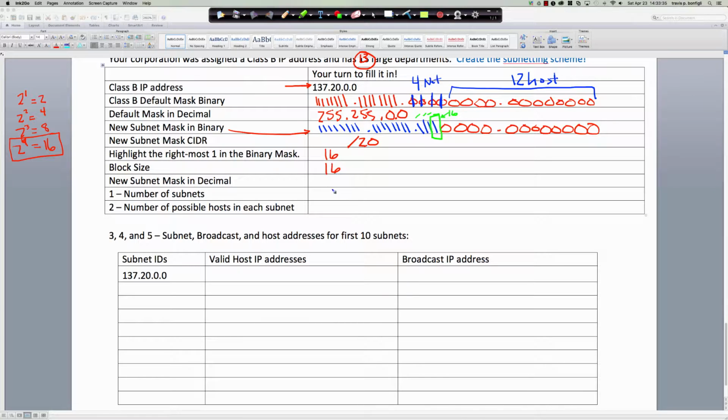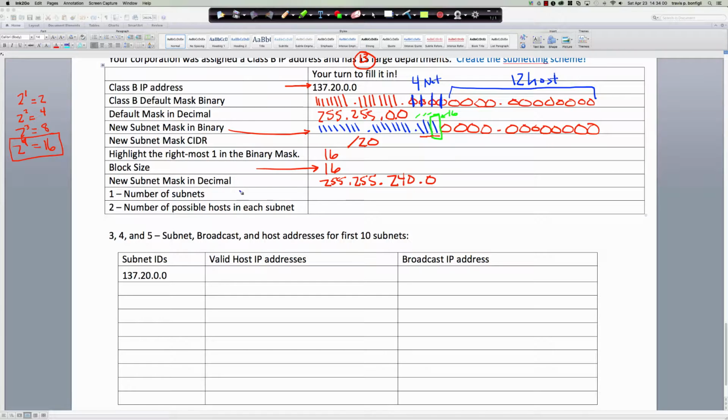So I'll put down 16 here, right? So that's the key, because that is going to help us come up with all of the subnets we need. So new subnet mask in decimal would be 255.255.128 plus 64 is 192, plus 32 is 224, plus 16 is 240.0. So that's my new subnet mask in dotted decimal.